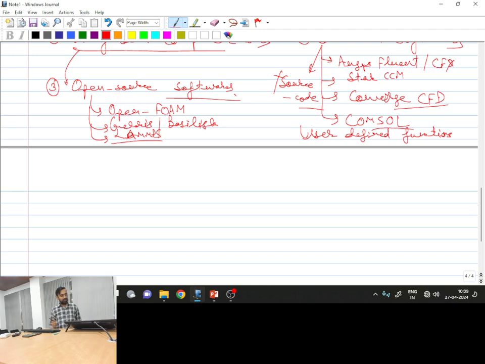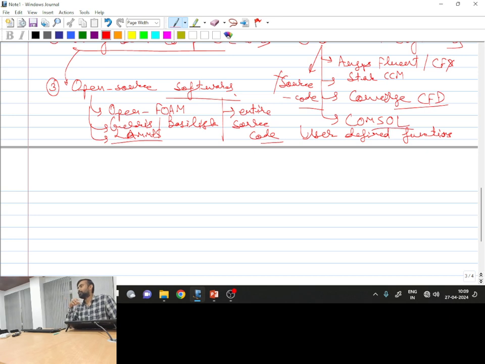Okay. So the benefit with open source software is that it gives you access to the entire source code. It means that if open source software is designed for some set of problems, and you want to increase or improve the application of that software by introducing some extra physics, you can do that and do implementations in that code itself because you have access to the source code.